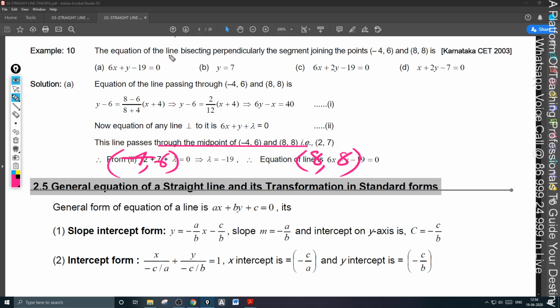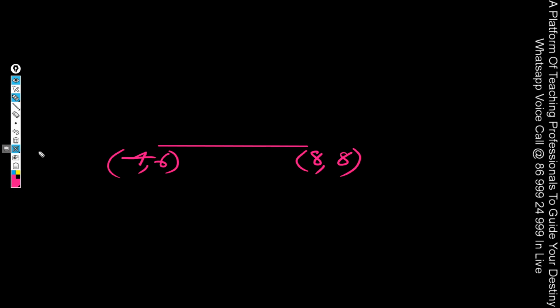We need the line equation bisecting perpendicularly the segment. Perpendicular bisector is the line which bisects this line segment. Bisecting means it divides the line segment into two equal parts, and passing through its midpoint.